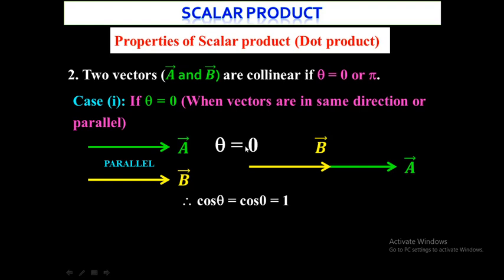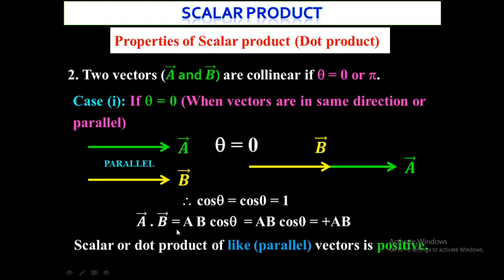According to the definition, A dot B is equal to AB cos theta, and cos 0 is nothing but 1. By putting this into the formula, A dot B is AB cos theta with cos 0 equal to 1, so A dot B is positive. It means the scalar or dot product of like or parallel vectors is positive.